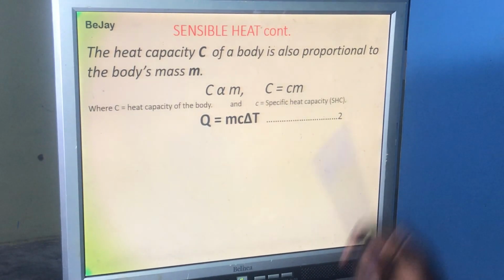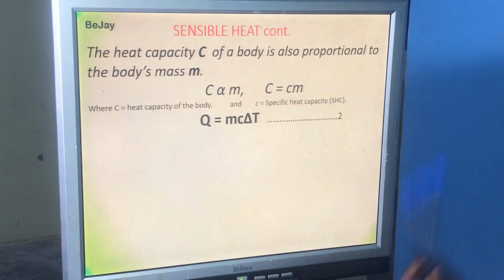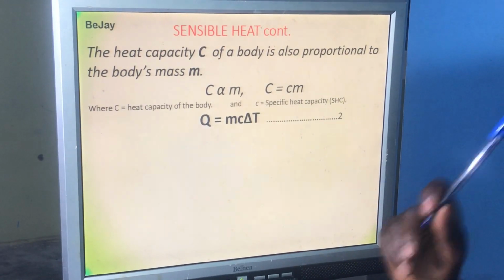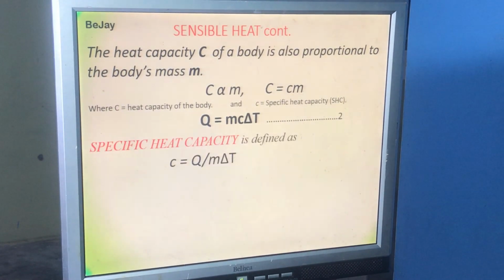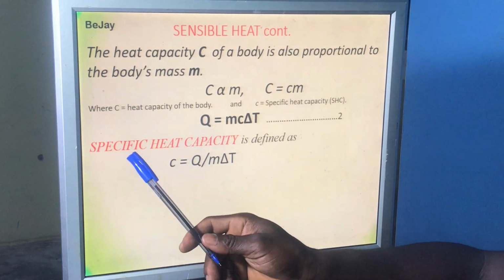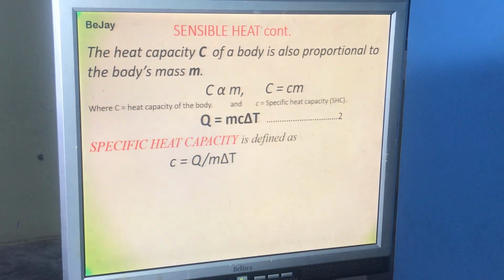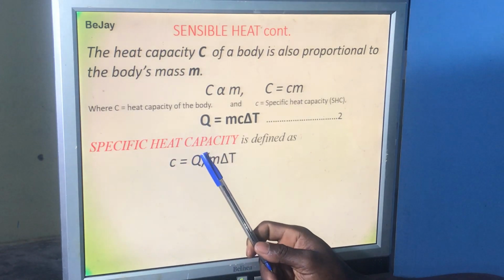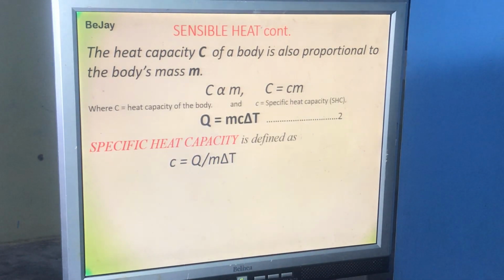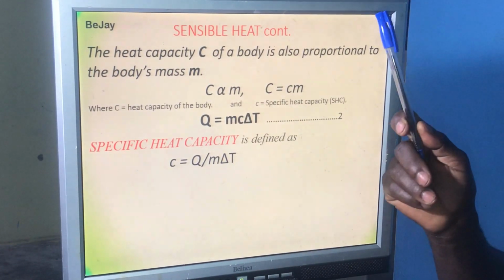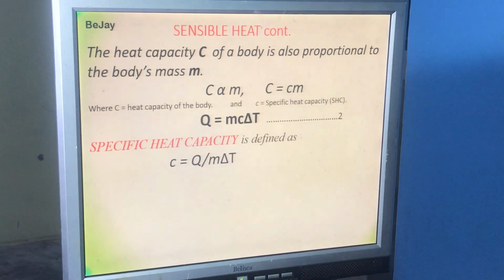So anytime you see Q equals C delta T or Q equals mc delta T, we are talking about sensible heat. We define specific heat capacity as the quantity of heat per unit mass per change in temperature. You can define it using the formula, and when you do, you have to explain the terms involved.